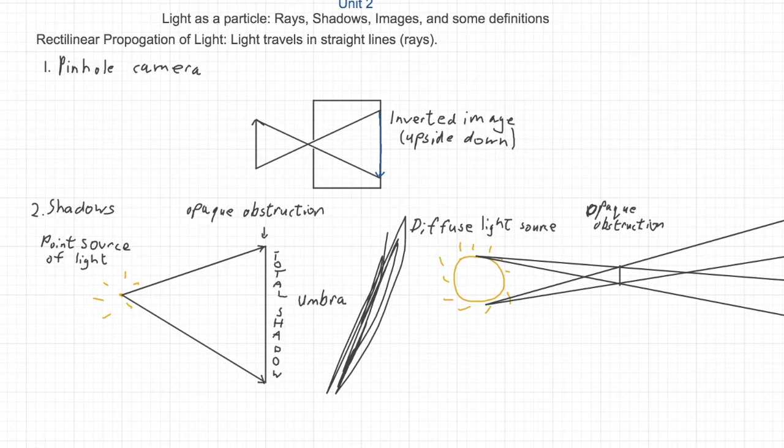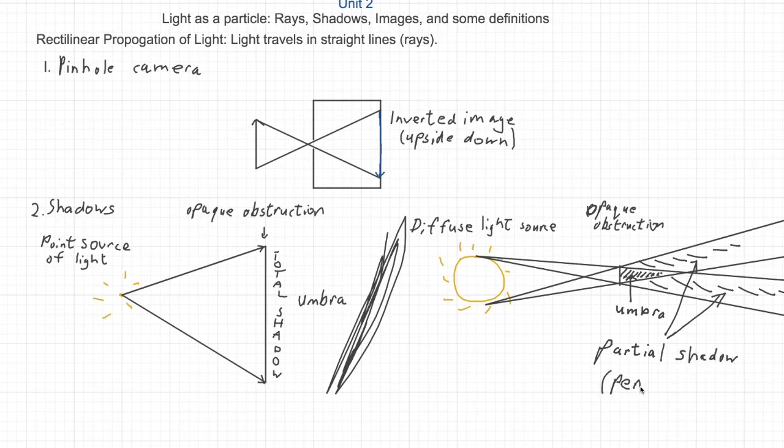So directly behind the obstruction, that's still our umbra, our total shadow. But you'll notice in this area here and the other area corresponding underneath, partial light gets there. Those are partial shadows. And we call a partial shadow a penumbra, P-E-N-U-M-B-R-A.